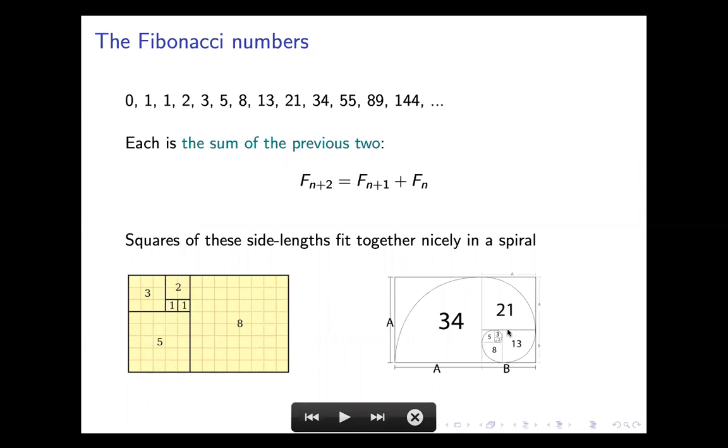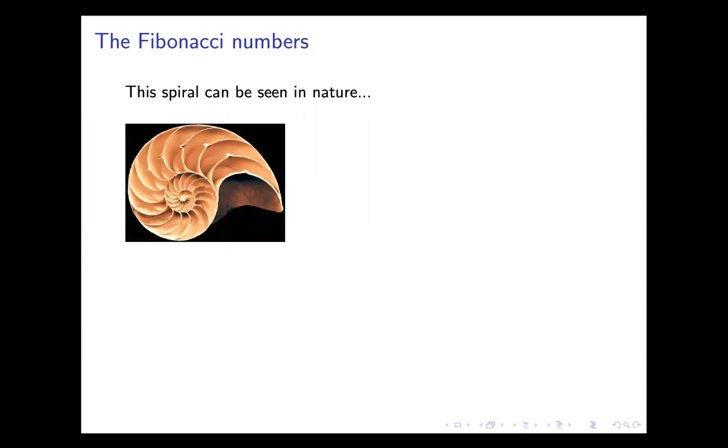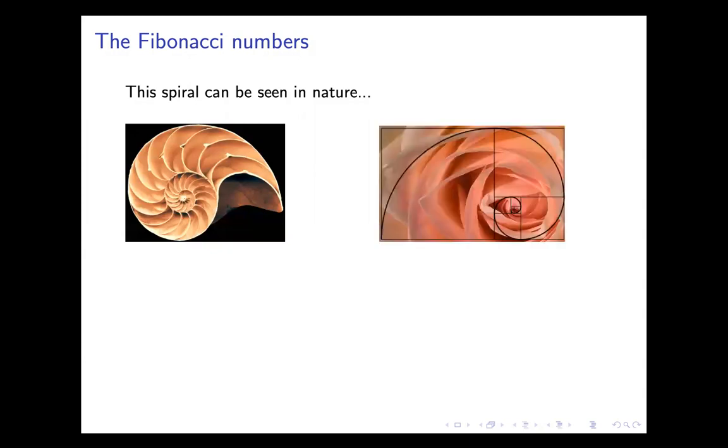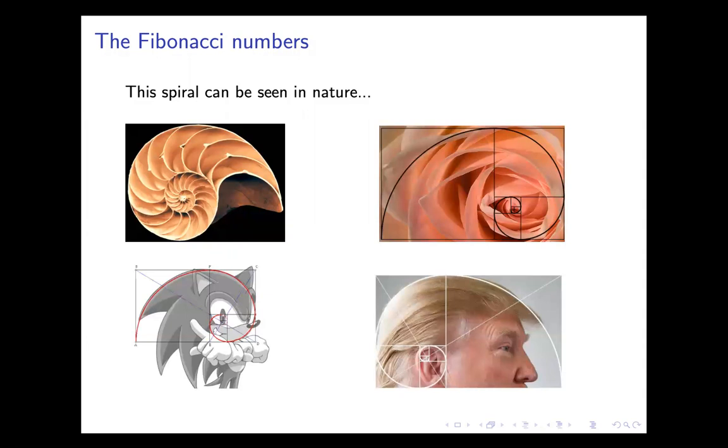So you'll get a nice continuous spiral. You can see some examples in nature, in flowers and plants, and in artwork of different kinds. So yes, there's some beauty to that.